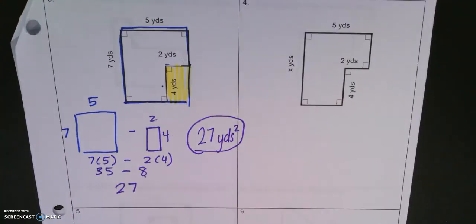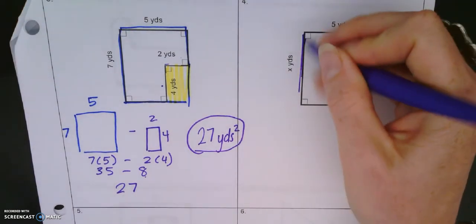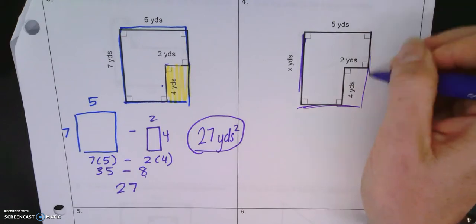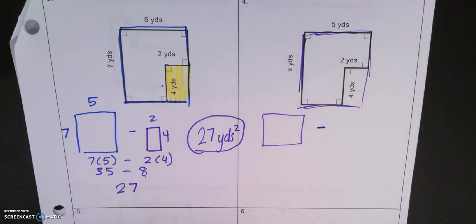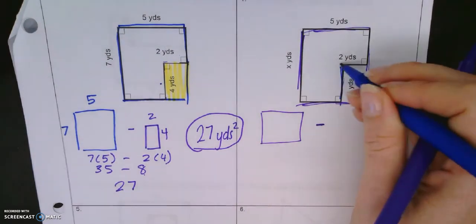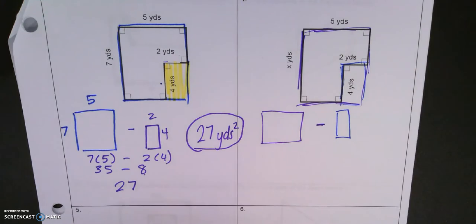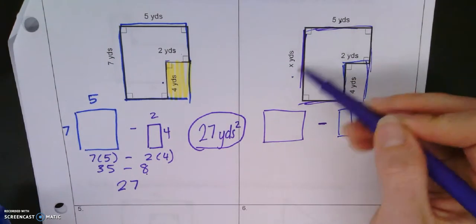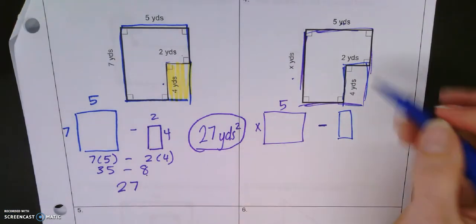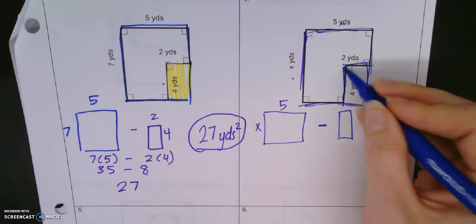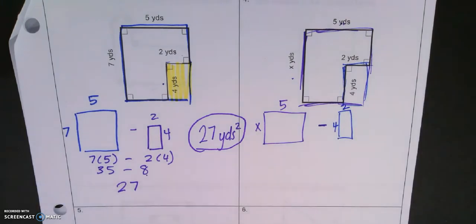Let's take a look at number 4. Number 4 looks like a very similar shape, so I'm going to use the same idea. I'm going to take this whole rectangle and I'm going to subtract off the little rectangle to just have the area of the figure. So now this shape is an x by 5, and our little rectangle is a 4 by 2.